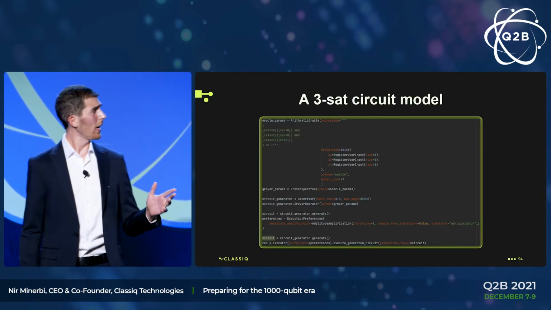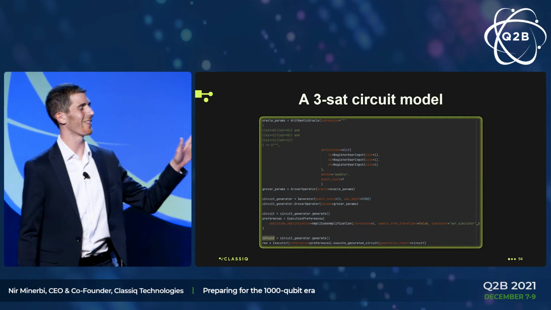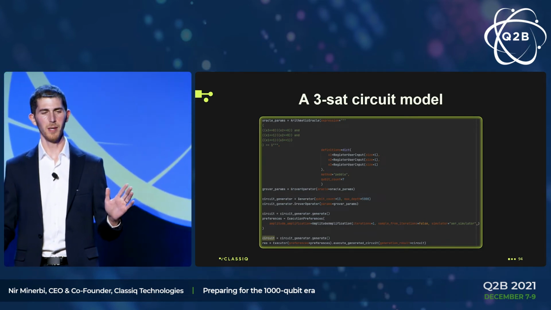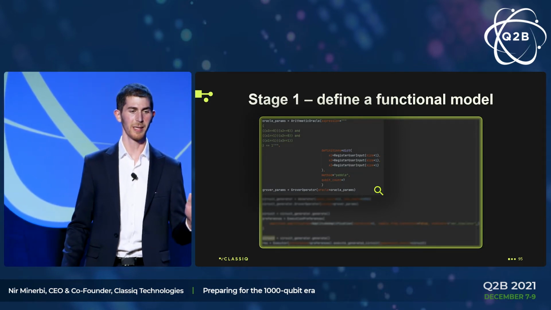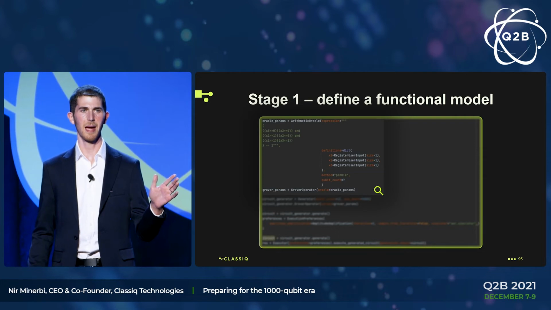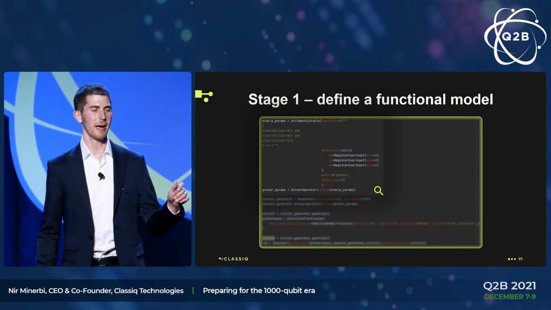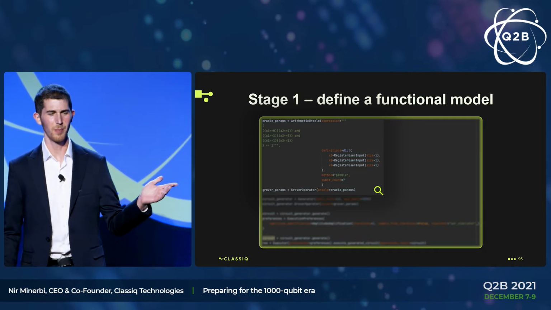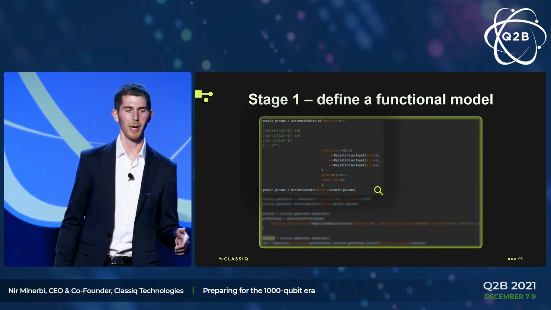I'm not sure that you see this, but I'll try to explain. Basically, you divide the development into 3 steps. First, you define the high-level functional model. In this case, you only define what are the SAT equations that should be met. In this case, it's very simple, only 3 of them, right?